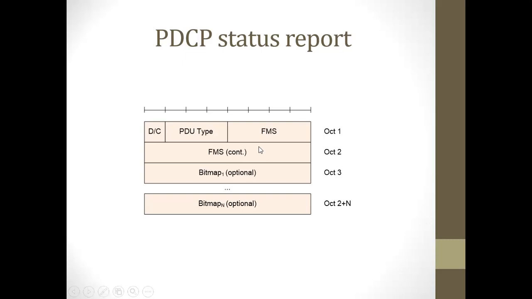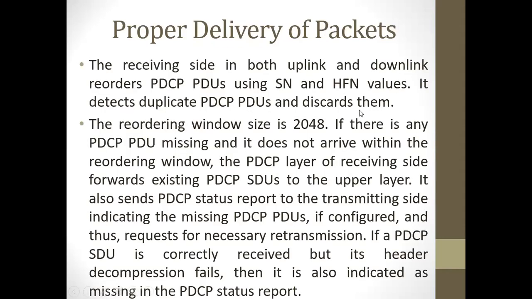It includes the number for the first missing sequence number, and also it includes a bitmap. After missing the first one, some packets may have been received. So which one has been received and which are not? For example 1001, where 0 indicates it is not received.